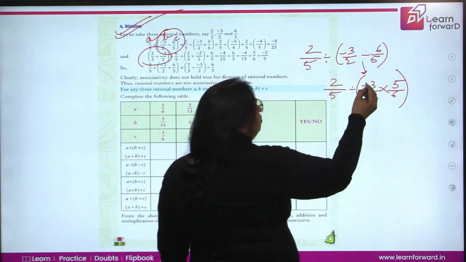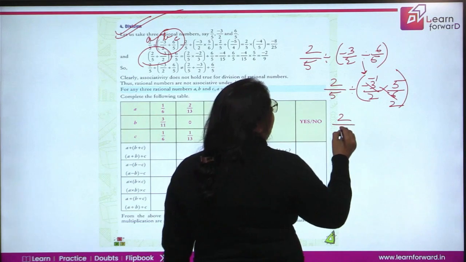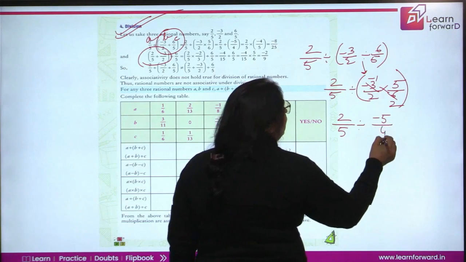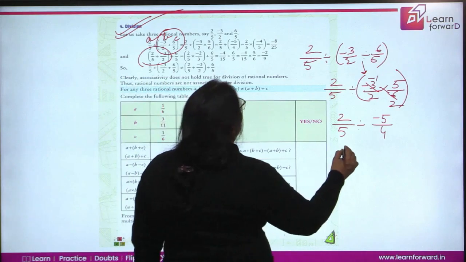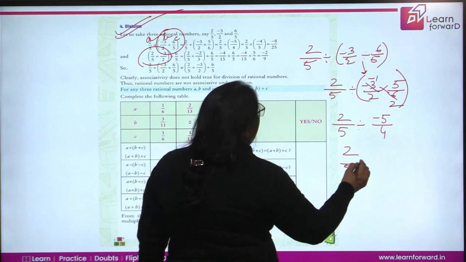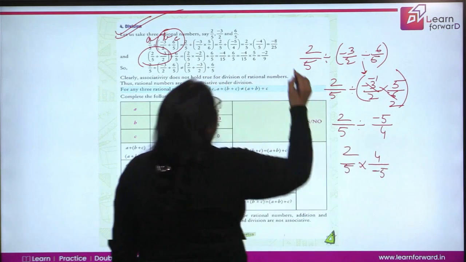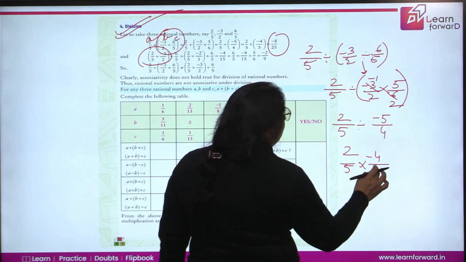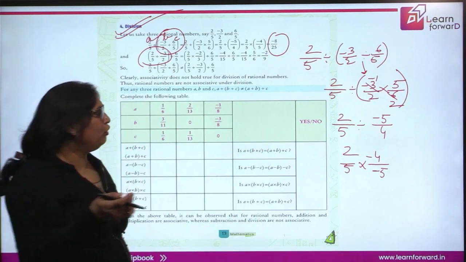So it is minus 1 upon 4. 2 upon 5 divided by minus 5 upon 4. Again, we have to take the reciprocal: 2 upon 5 into 4 upon minus 5. And the answer is minus 8 upon 25. Afterwards, you can take it in the standard form.